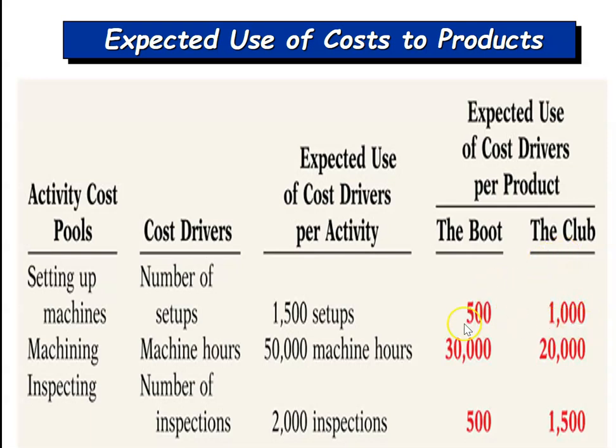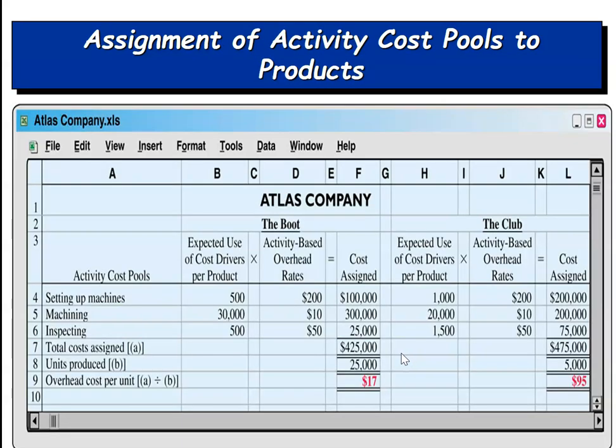So this is going to cause a massive shift in product cost for each of these 2 products. Machine hours, okay, there's more of them for the boot, but it's not 5 to 1, it's 1.5 to 1. And then inspections, it's 3 to 1 the other way. So let's see what happens.